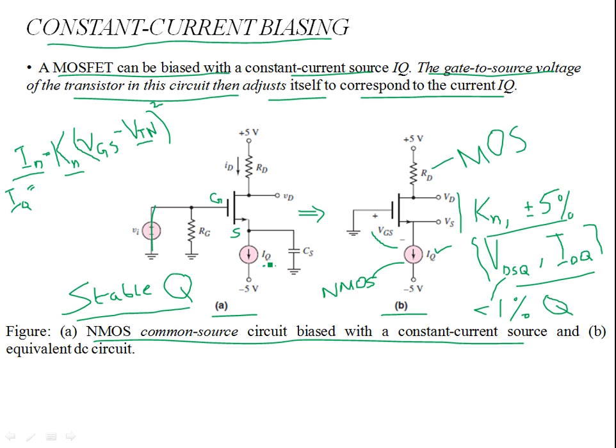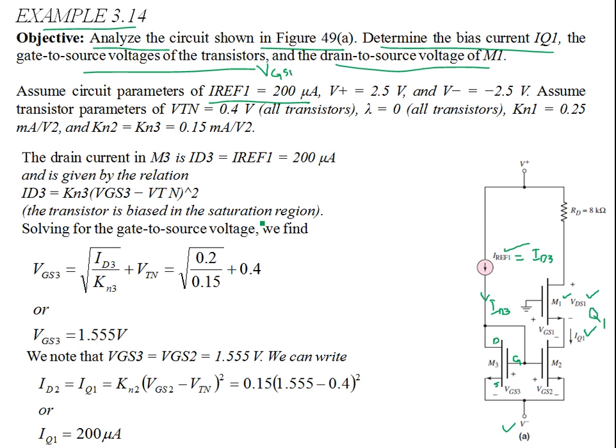It's just there to make sure that the current ID is independent of VDS. So over here again, we can assume that transistors M3 and M2 are both operated in the saturation region, and then finally M1 is also in the saturation region.